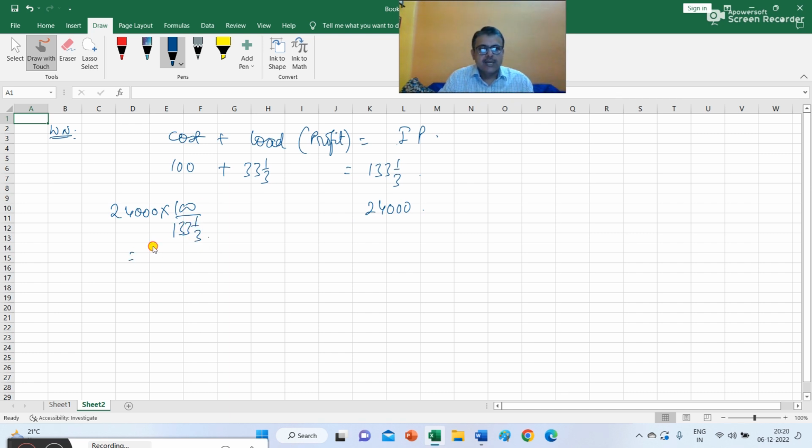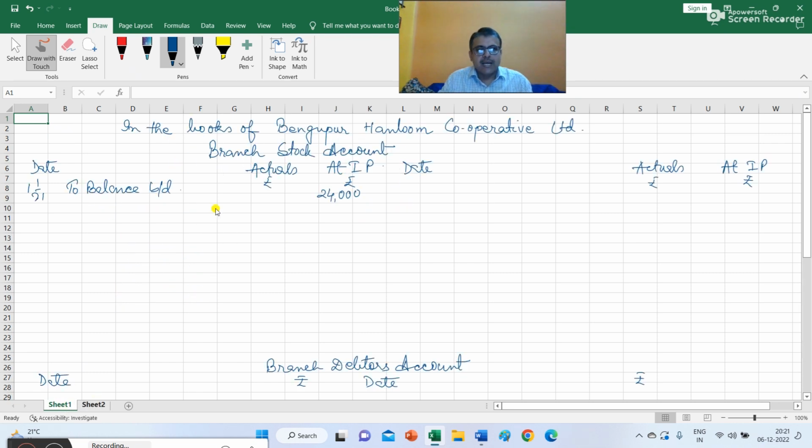So you will get 18,000. That is 24,000 multiplied by 3 and divided by 4. So this is the ratio of the cost to invoice price. You can safely write the opening stock at actuals, that is the cost price, as 18,000, that is 24,000 multiplied by 3 divided by 4.